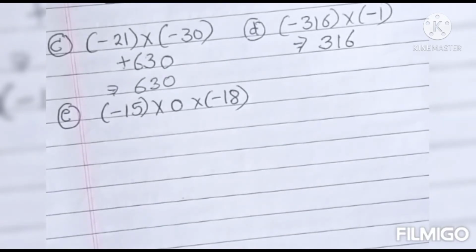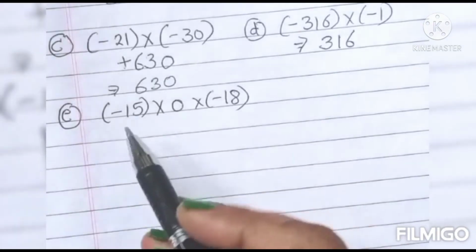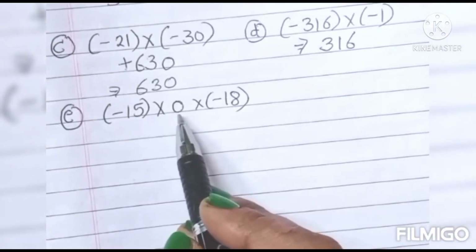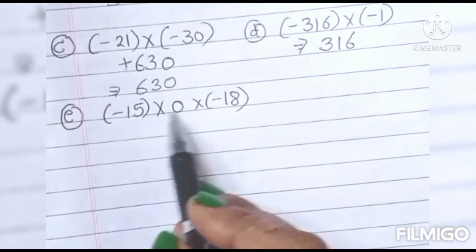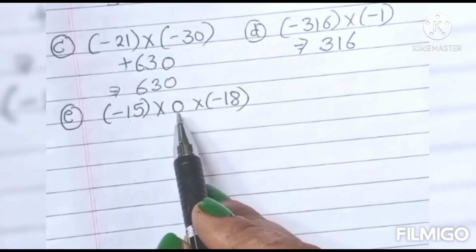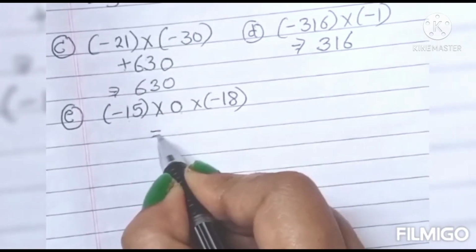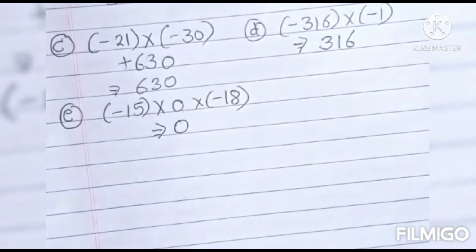If we talk about the properties, we have studied that if any integer is multiplied by 0, the answer will be 0 itself. Means when any number is multiplied by 0, it will give 0 only. So here minus 15 into 0, when the 0 is multiplied, it is multiplied with 15 also, it is multiplied with 18 also. So any number multiplied with 0 gives the 0 only, so answer will be 0. We can directly write 0.